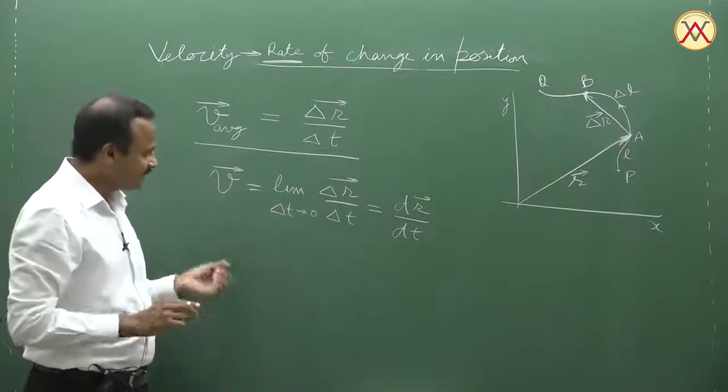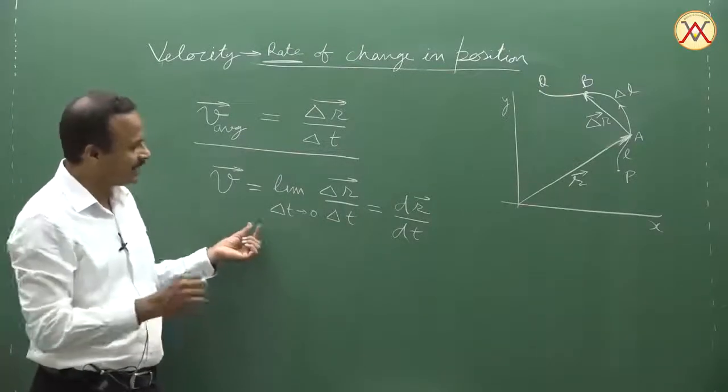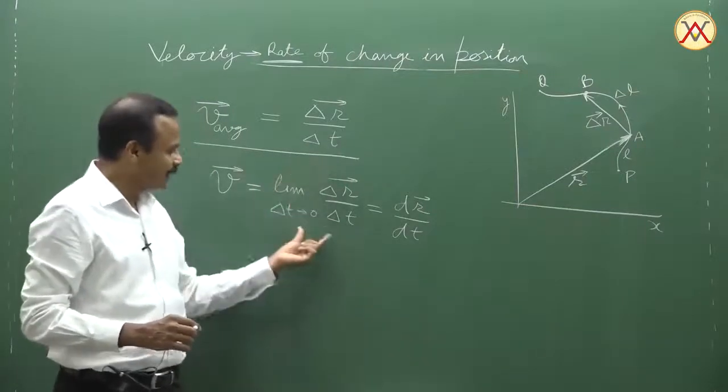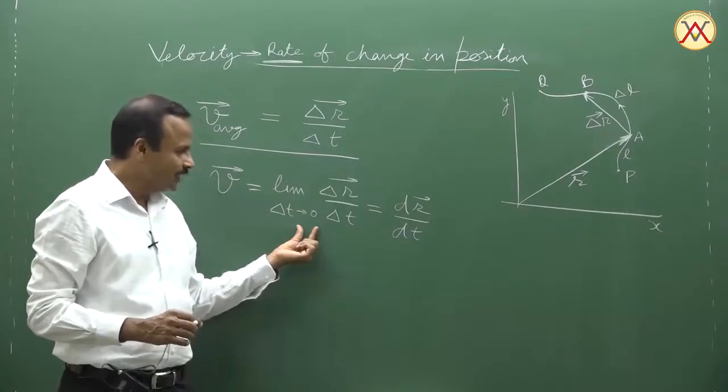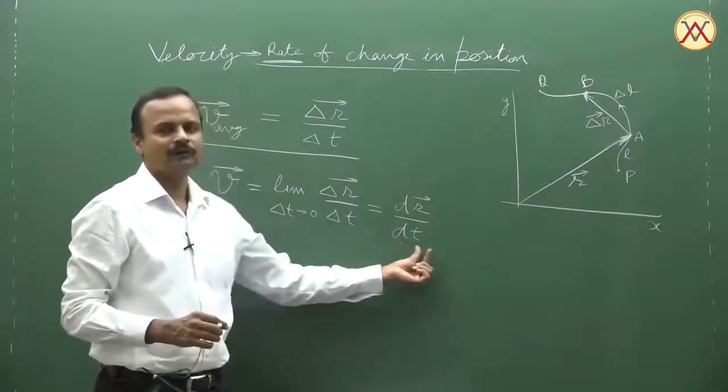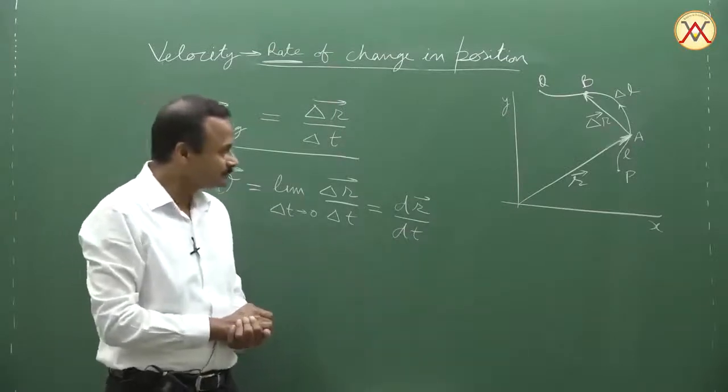And if you want to find instantaneous velocity at any instant of time, you can take the limit delta t tends to 0, and what it becomes is the derivative of position vector r.